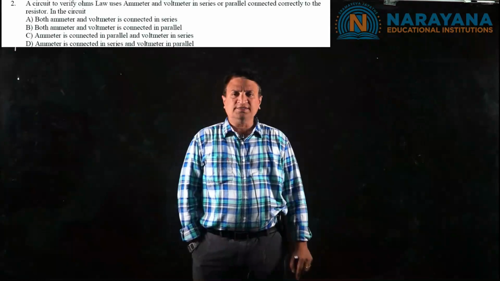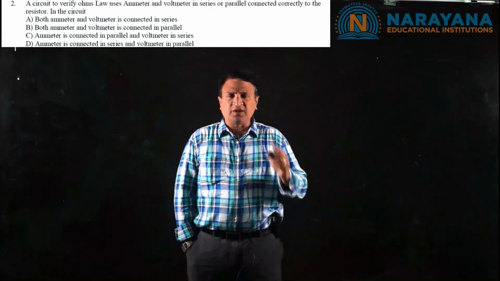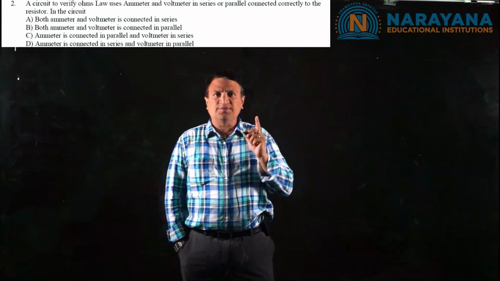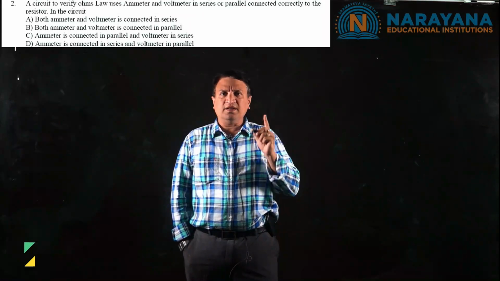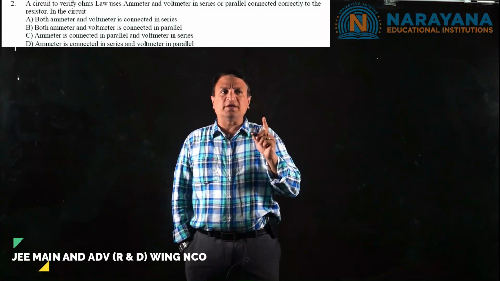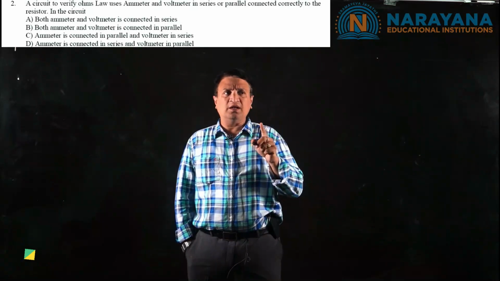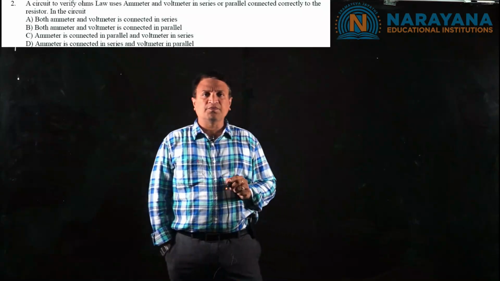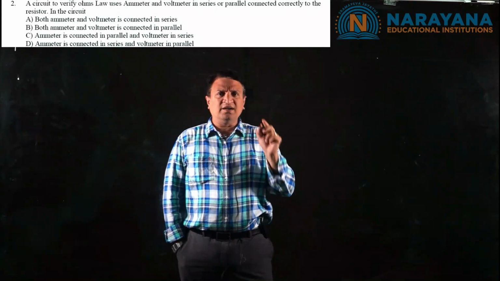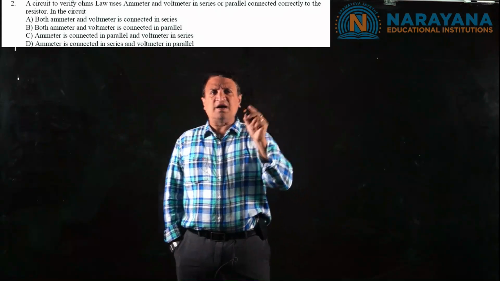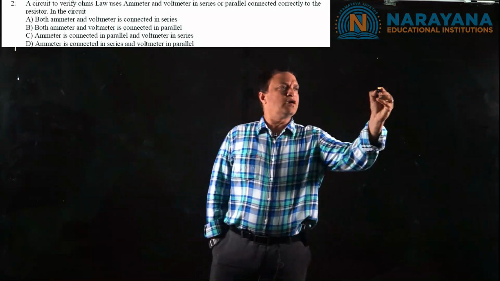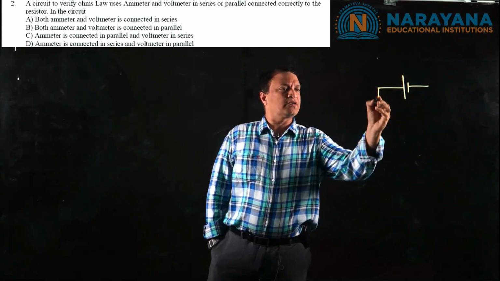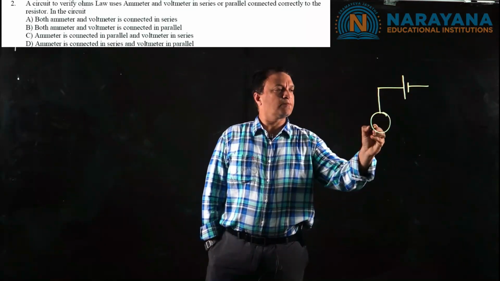The second question is, a circuit to verify Ohm's law uses ammeter and voltmeter in series or parallelly but connected correctly to the resistor in the circuit. Remember, it is a standard experiment in the NCERT manual where to verify Ohm's law, our circuit is like this.